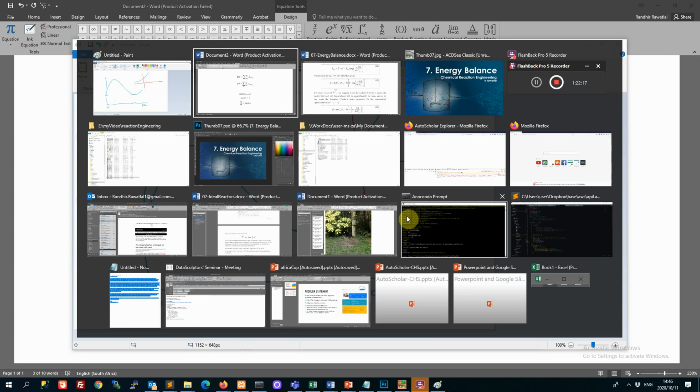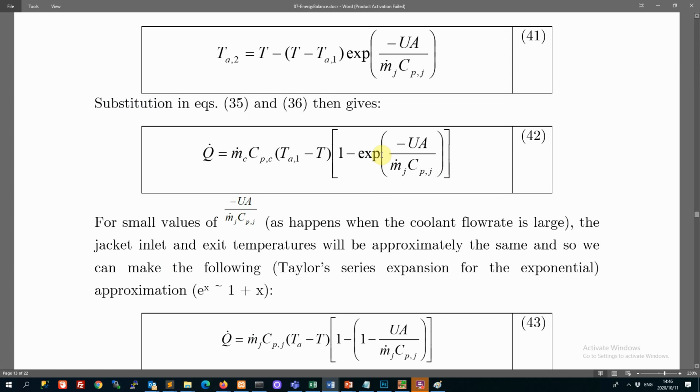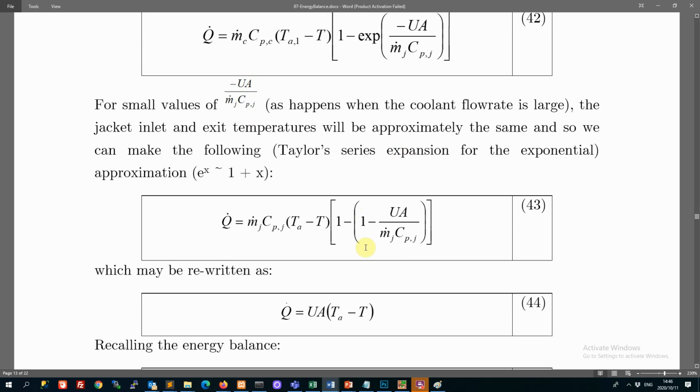So we can say, if we are using large flow rates here and this number is small, then this whole thing is approximately equal to this thing, right? And then you've got 1 minus that, and so it's as simple as UA over M dot J CPJ, and then that M dot J CPJ can cancel with that one, leaving us just with this nice simple expression.